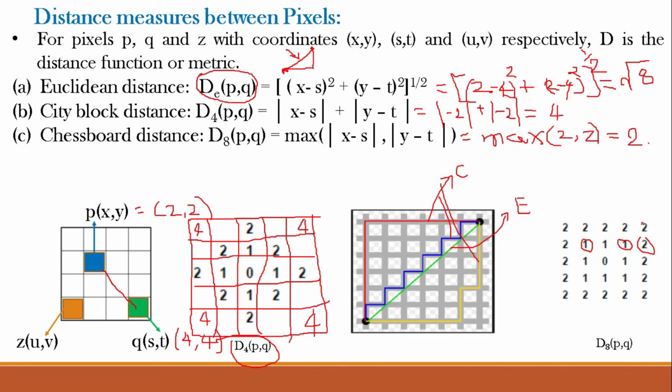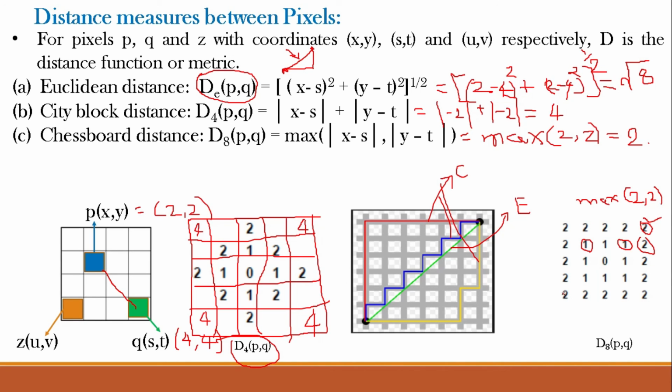Similarly, let us consider the value for this particular pixel. The value between this pixel and this pixel is 1, and this pixel and this pixel is again 1, so the total value is 2. So max of 2 comma, now the value between this pixel and this pixel is 1, and again this pixel and this pixel is 1, that is 2. So the max of 2 comma 2 comes out to be 2, and therefore the value of this pixel will come out to be 2.